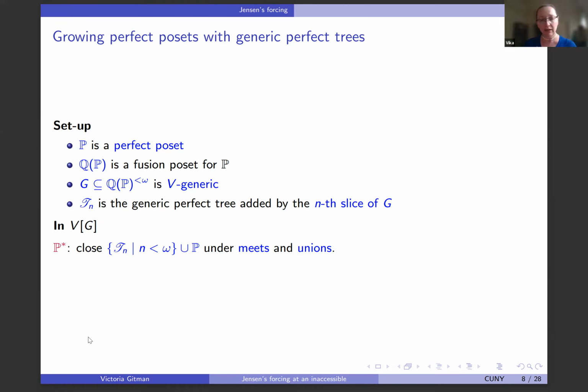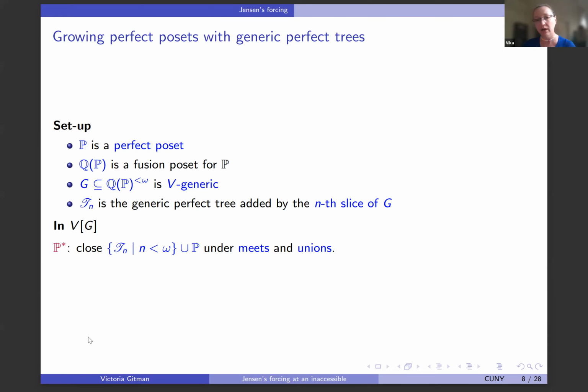Okay, so here's our setup. I have a perfect poset P. I have that Q_P is the fusion poset, and I'm going to force with the omega length product. So I want to add omega many generic perfect trees. Then in the forcing extension, we will call P star the perfect poset which is generated by all of my old trees in P together with these omega many generic trees.